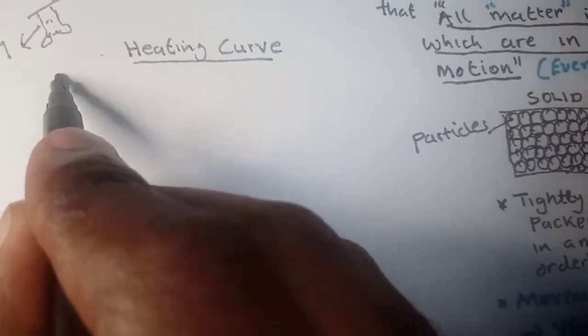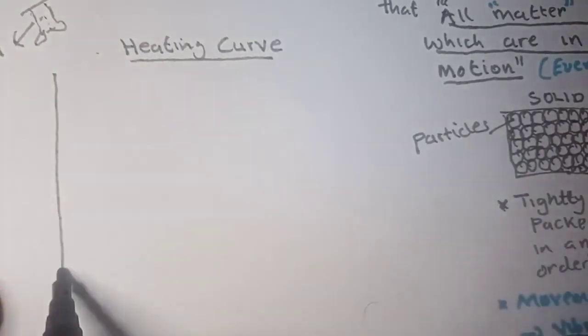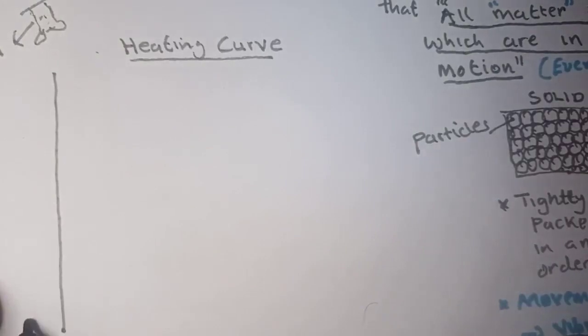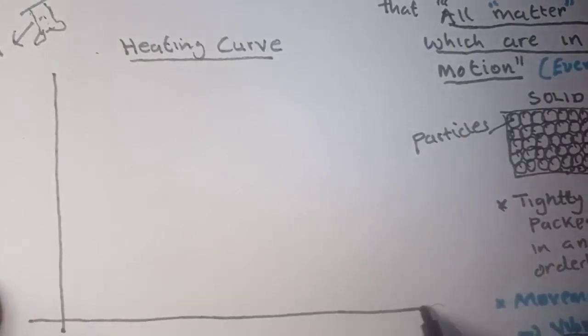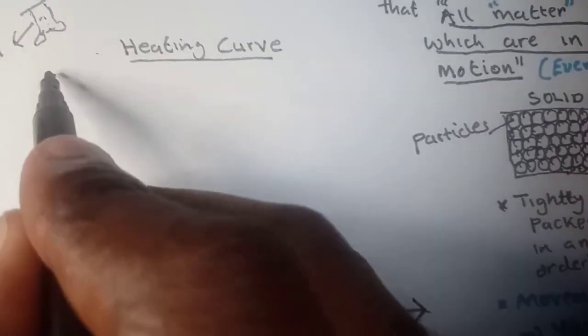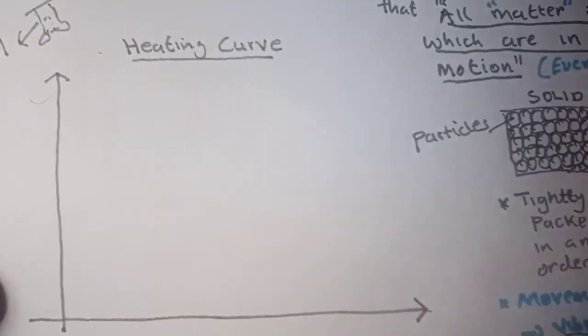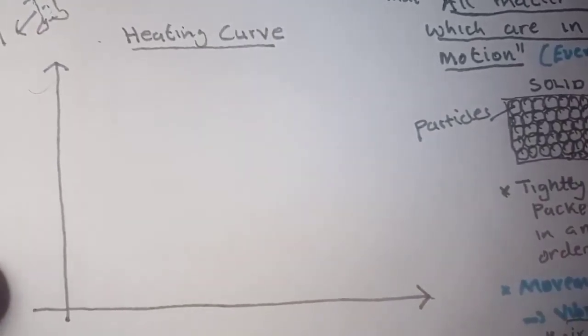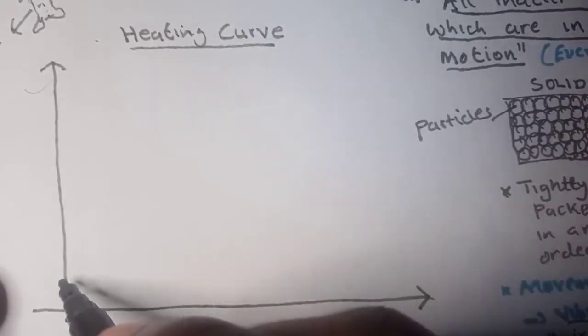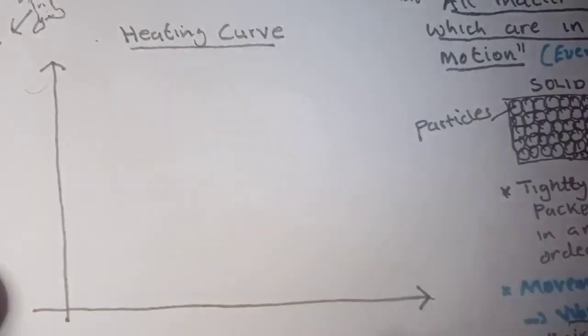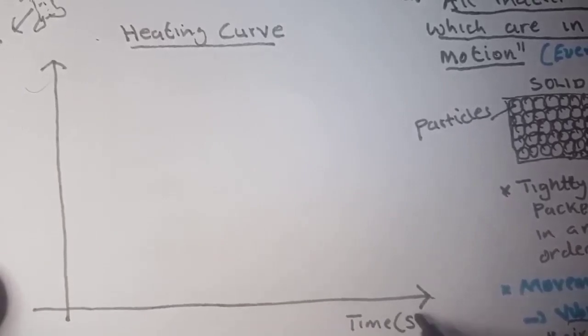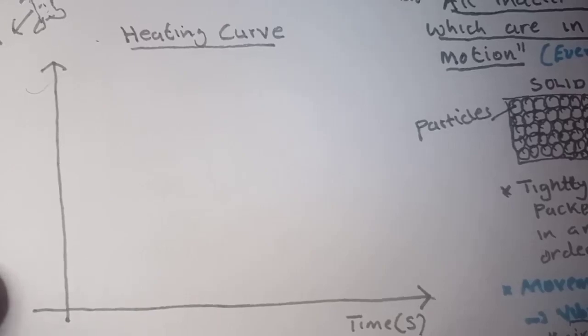So with any curve, you're going to have the y-axis as well as the x-axis. On this side you have time, and this time is being measured in seconds. Remember the SI unit for time is seconds.